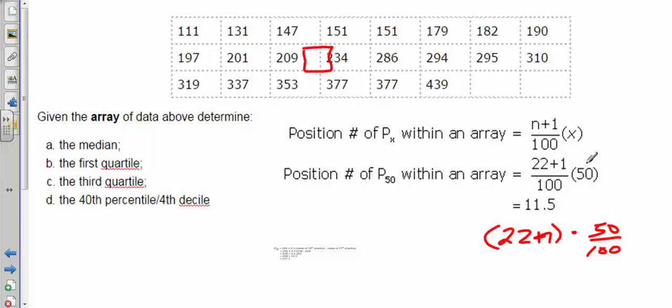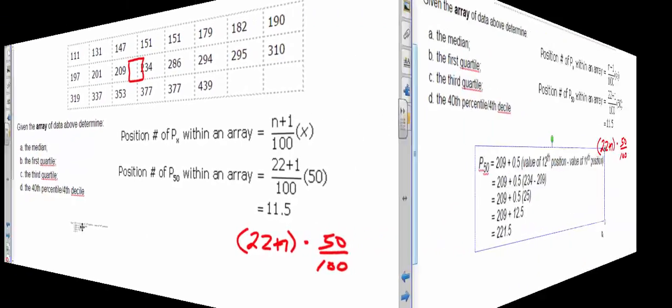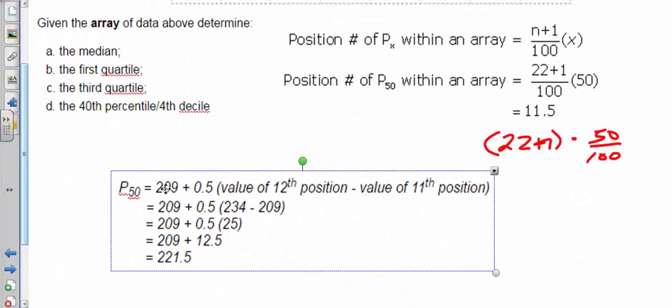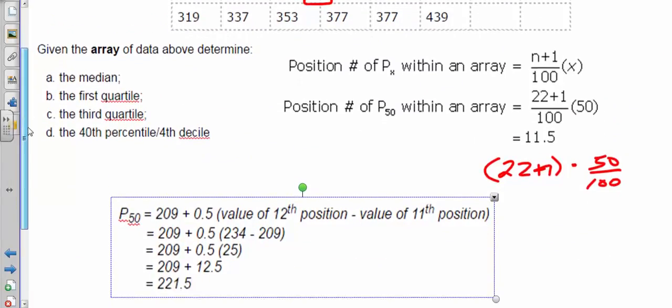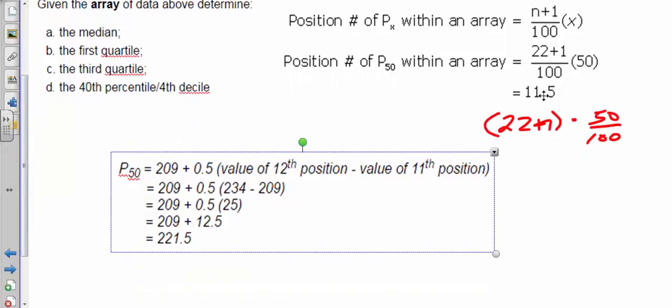Because we can do these multiplications and divisions in any order we choose. And so 23 times 50% finds the location in this list of 22 items that is exactly the median. And again, that's position 11.5. We can go to position 11, which was the 209, and understand that we have to go halfway.